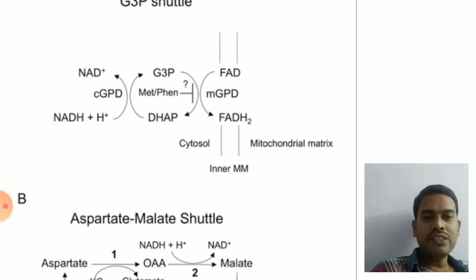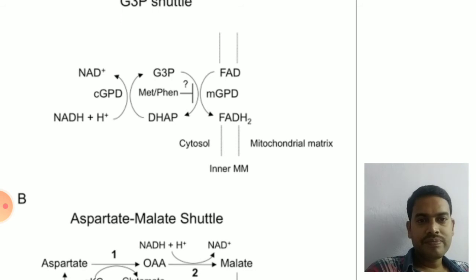NADH2 is converted into NAD plus, and the hydrogens on NADH2 are transported onto dihydroxyacetone phosphate by glycerol 3-phosphate dehydrogenase that is present in the cytosol, converting it into glycerol 3-phosphate. The hydrogens are no longer on NAD, so they are transported onto dihydroxyacetone phosphate, and it is converted into glycerol 3-phosphate.